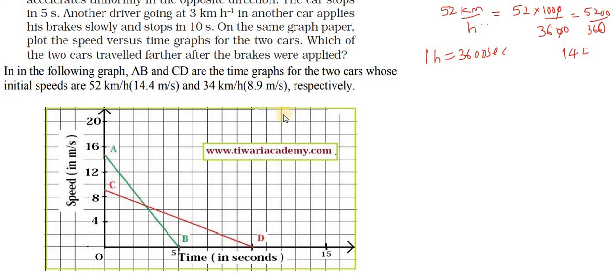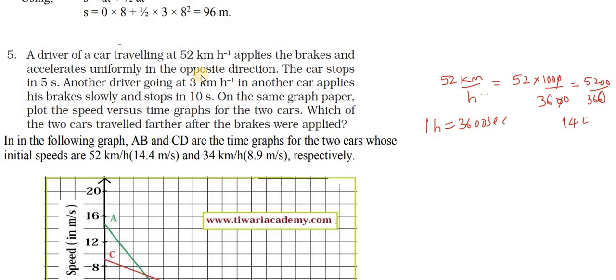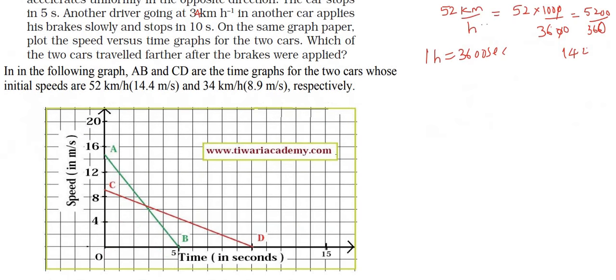And likewise for the other car, 34 kilometers. In the question they gave 3 kilometers, so please make it 34 kilometers. 34 kilometer per hour is equal to 34 into 1000 divided by 3600.